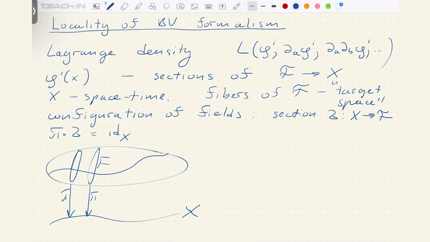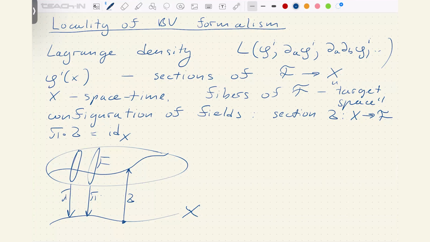This is sigma. If we take a composition of sigma with pi, we get an identity. So a section sends a point on the base space, on our space-time, to a point of the fiber, which projects to this very same point of space-time.